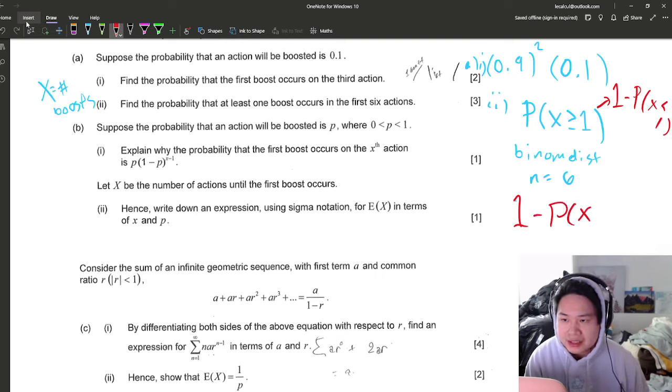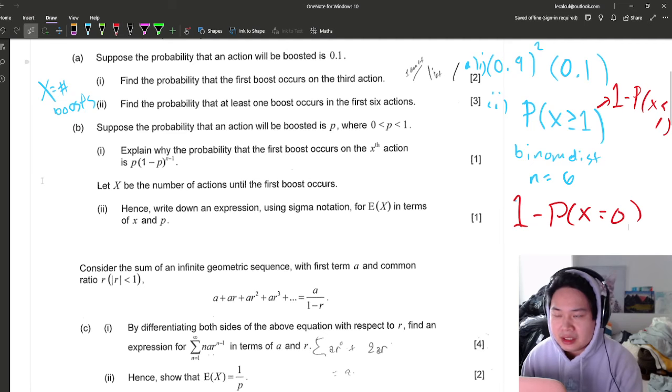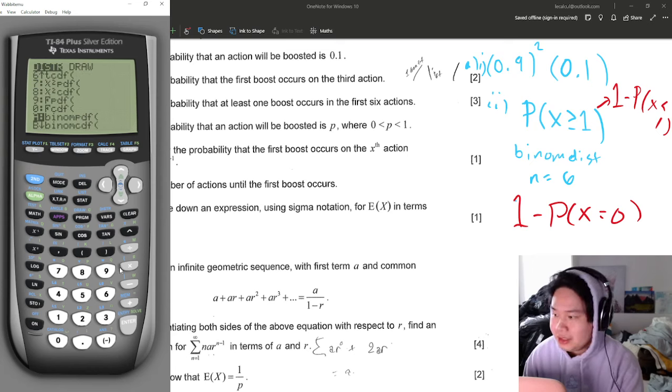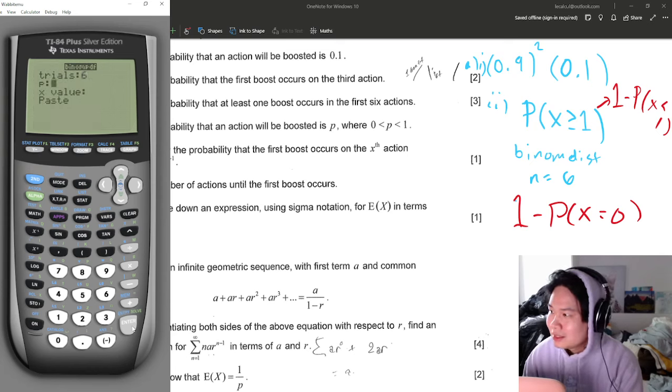And having less than 1 is the same as having none. So maybe I don't need a binomial cumulative distribution. Why don't I just go back? Get me out of here. And then we're just going to do 1 minus the probability distribution of getting no, whatever these are, boosts.